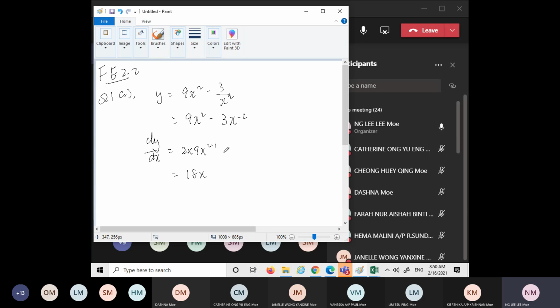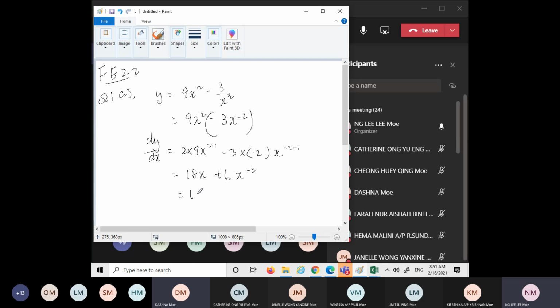Dashna? Yes, teacher. Okay, continue for the second term. Negative 3 times negative 2 is plus 6, then x to the power negative 2 minus 1. Okay, very good. So plus 6 x to the power negative 3.